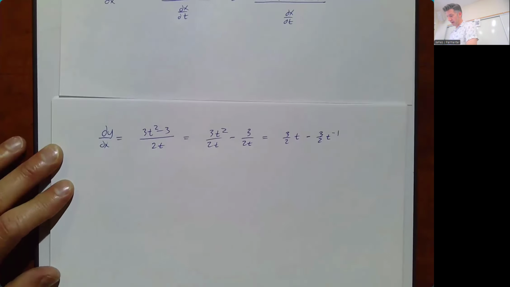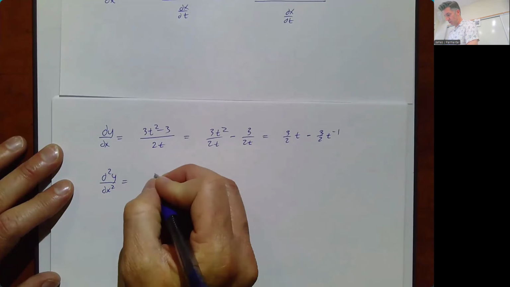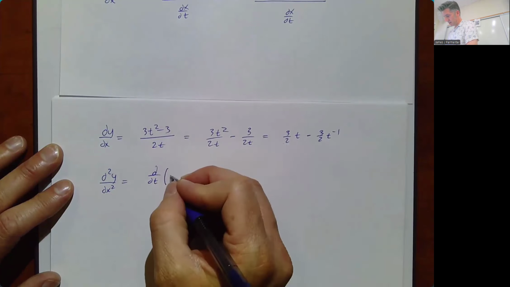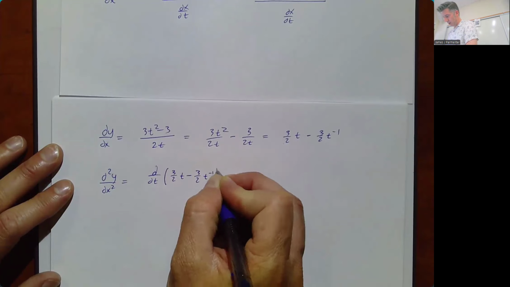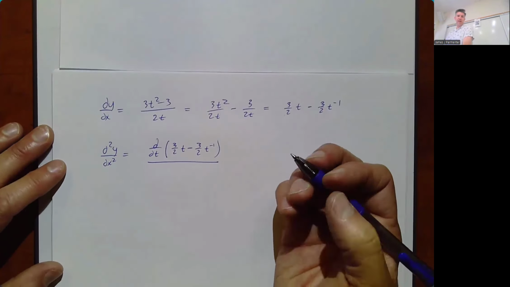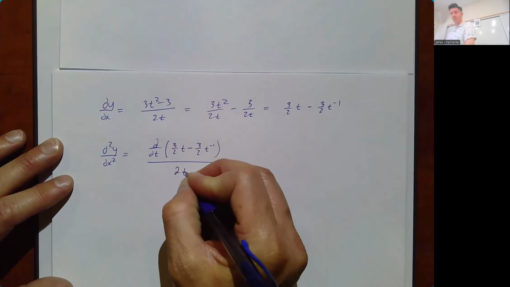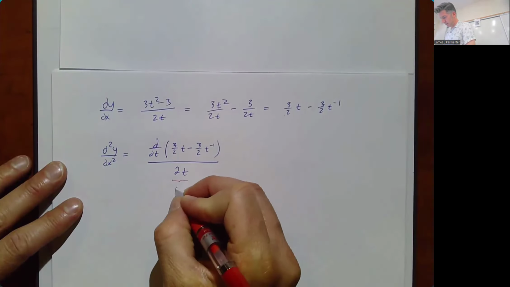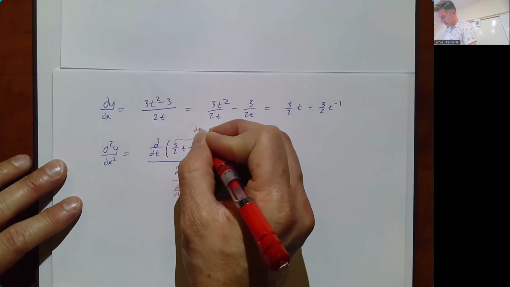So now d squared y/dx squared is going to be the derivative with respect to t of 3/2 t minus 3/2 t to the negative first, over dx/dt, which is still 2t. It's kind of funny that the bottom part doesn't really change, we're just going to have another 2t down there. So there's your dx/dt. There's your dy/dx.